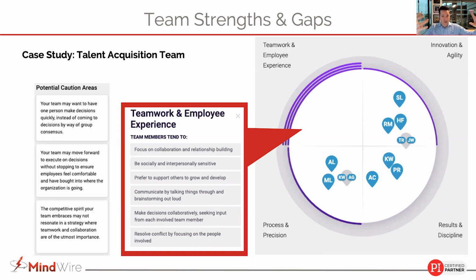But their hiring managers were not well informed and on board and part of and bought into these processes. So what would happen if this team didn't slow down to deliberately, intentionally recognize this gap? They would probably make some well-intentioned efforts to let's do a better job communicating and collaborating, right?